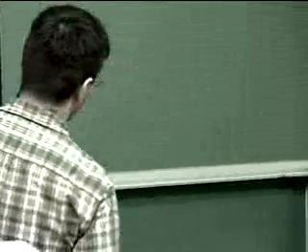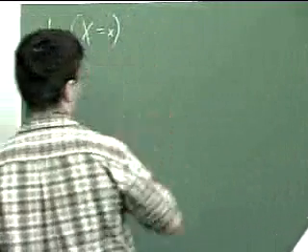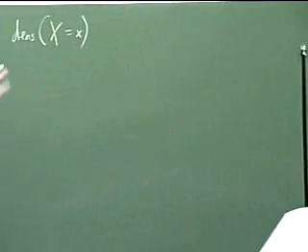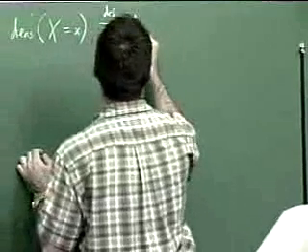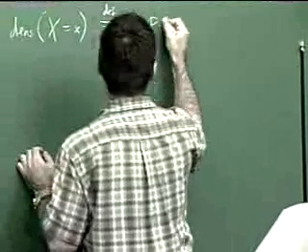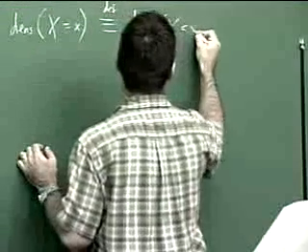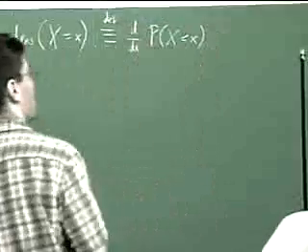So the density function of X at x, we can define in terms of equality, is defined as the derivative with respect to x of the probability that X is less than x.